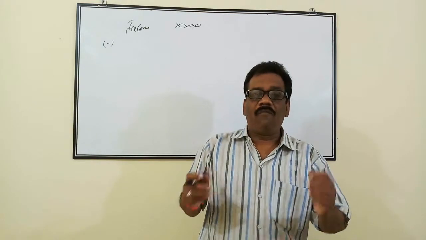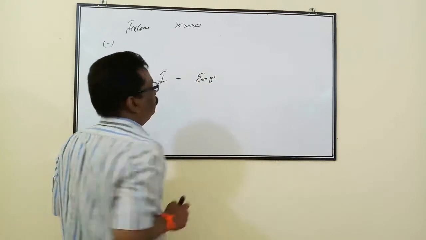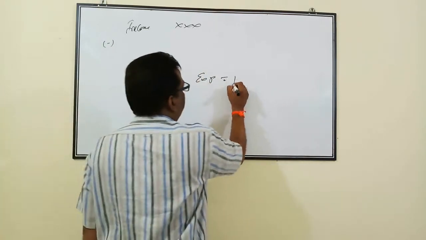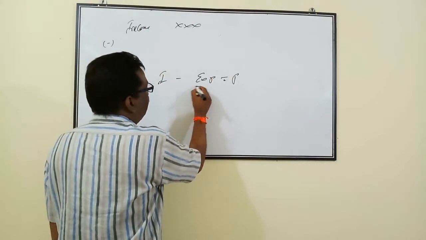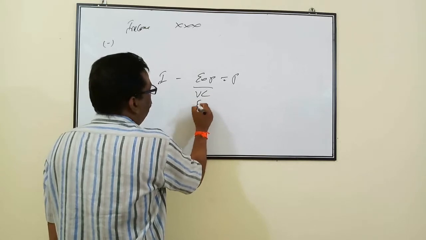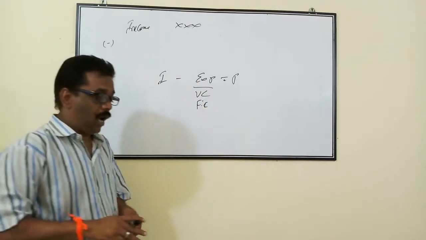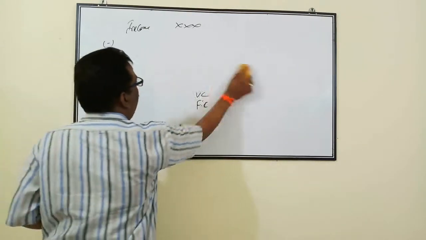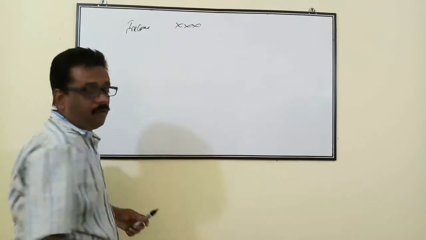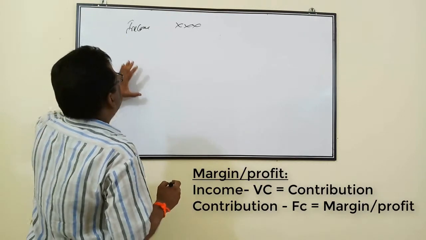Normally, profit is the equation of income minus expenditure. But under marginal costing, expenditure is divided into fixed and variable. So, under such a classification of fixed and variable, how to derive the income or the margin of the business, let us now study.